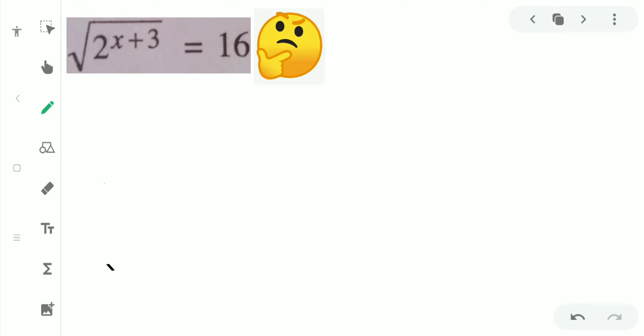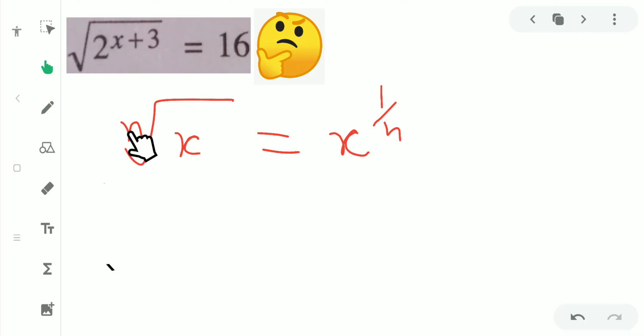I have to tell you one formula, that is nth root of x is equal to x power 1 by n. If nothing is given here, you may get a question, what should I write in place of n?